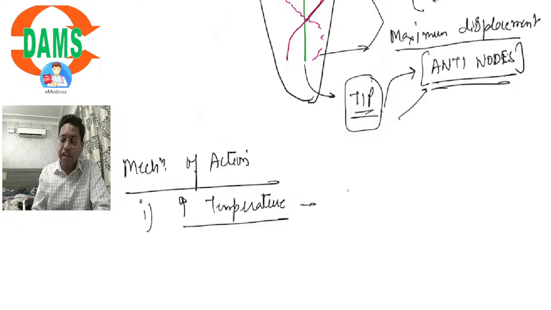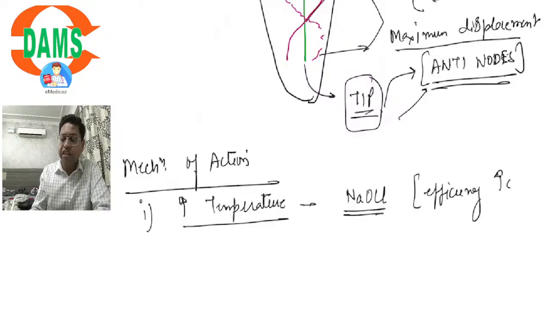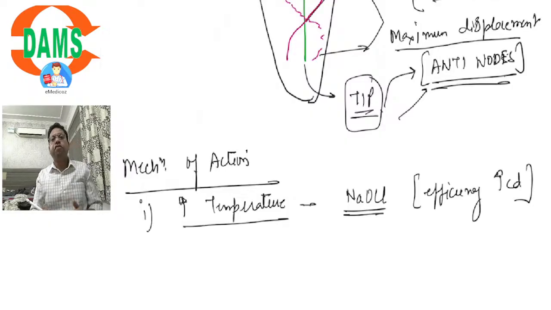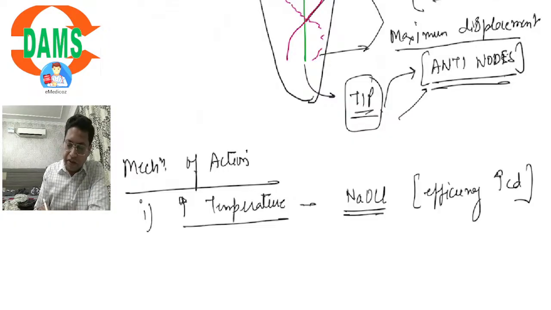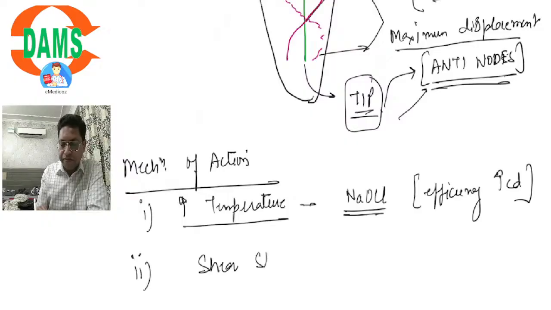And we know what irrigant we are using: sodium hypochlorite. So due to the increase in temperature, the efficiency of sodium hypochlorite is increased. A heated sodium hypochlorite solution more efficiently removes necrotic debris and pulpal remnants from the root canal. The second mechanism of action is shear stress.